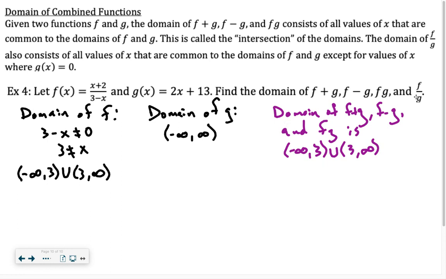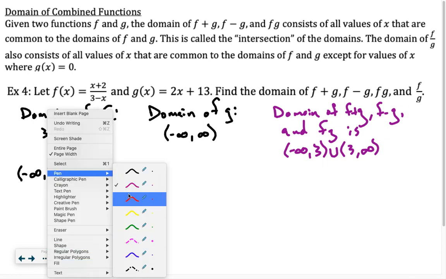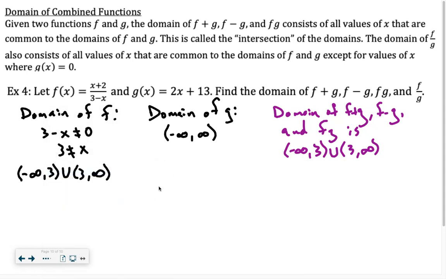Then the only other thing we have to take a look at for f divided by g is where g equals 0. So we want to say, well, 2x plus 13 cannot equal 0. Subtract the 13 over, divide by 2, and we get that x cannot equal negative 13 over 2. This is another value excluded from this part of the domain. Right?